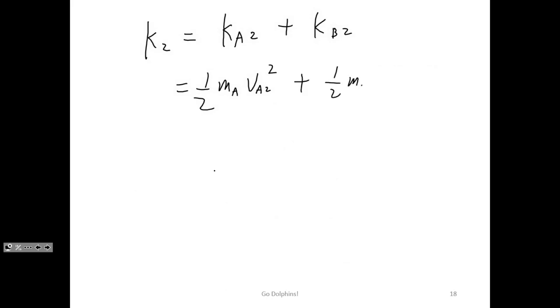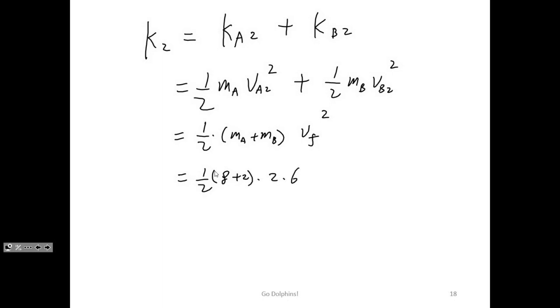Kinetic energy of object A and object B, KA2 plus KB2, 1/2 MA VA2 squared plus 1/2 MB VB2 squared, where the velocity is 2.6 meters per second. So 1/2 MA plus MB VF squared, 1/2 times 8 plus 2 times 2.6 squared joules.